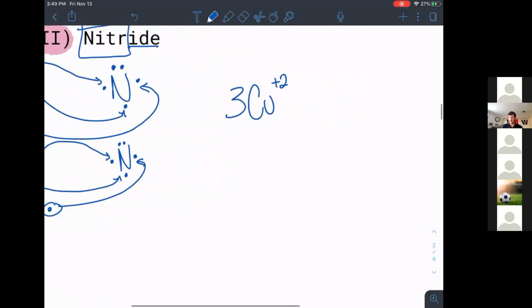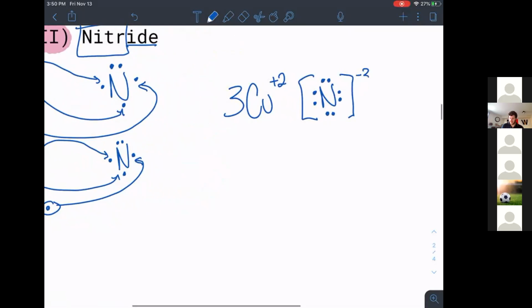Now we have to draw our Lewis dot structure for our nitrogen ion, which means we draw all 8 valence electrons on it. If nitrogen has 8 valence electrons, what is the charge on a nitrogen ion? -3. And how many nitrogen ions do we have? 2.